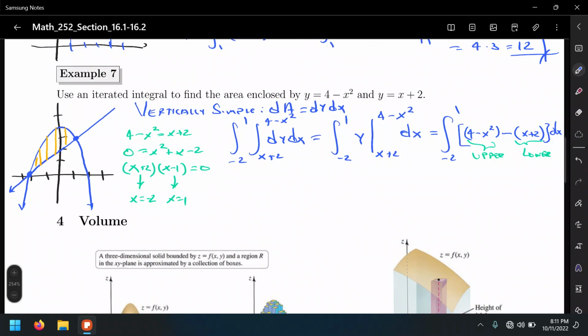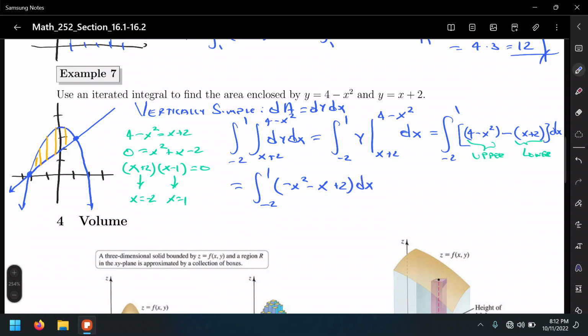So let's simplify this integral. Let me go with the quadratic terms first. From negative 2 to 1, that's a negative x squared minus x, and then 4 minus 2, that's going to be plus 2, with respect to x.